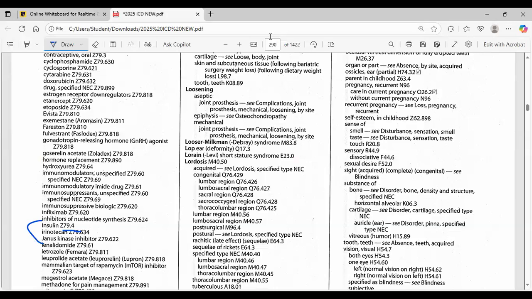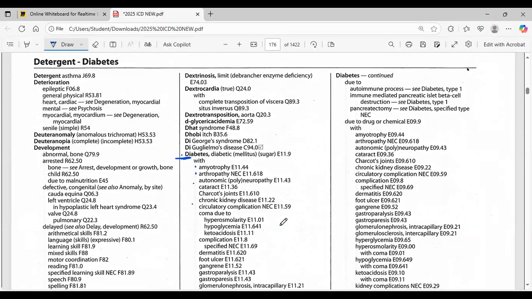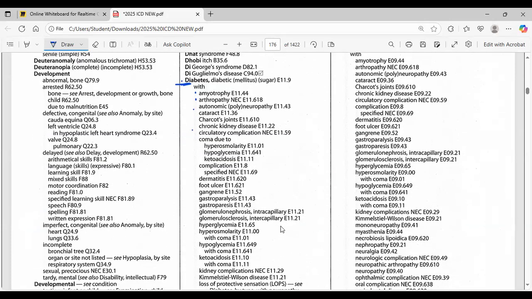I have to show one more thing. For diabetes, we have combination codes. Combination codes means you can see here under diabetes, we have so many conditions. Let's say the patient has diabetes as well as amyotrophy. In that case, we have to use a combination code, E11.44, which represents diabetes as well as amyotrophy.